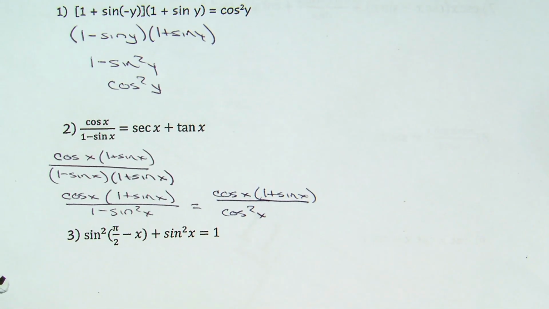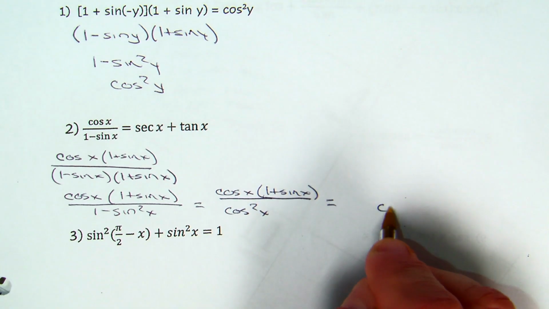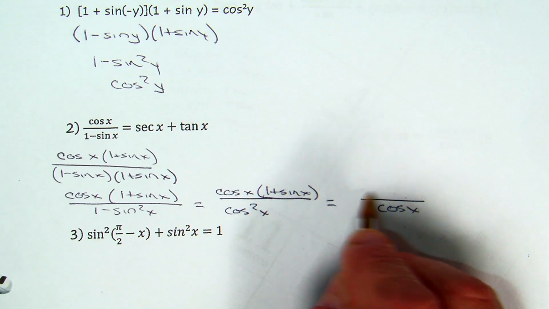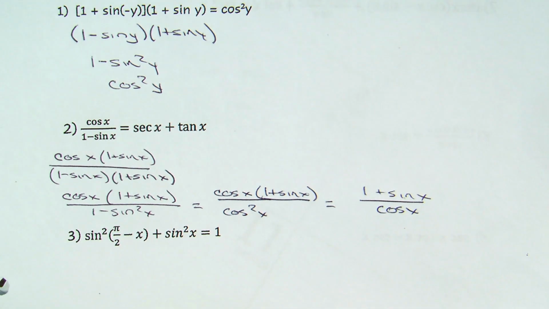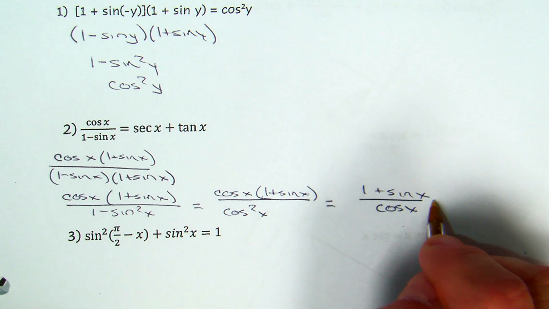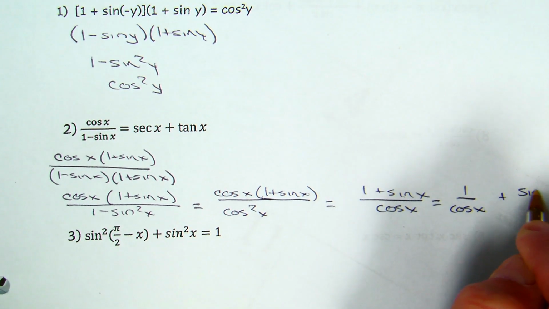Everybody good so far? So the cosine over cosine squared is going to leave me with cosine x in the denominator over 1 plus sine x. Is my denominator now monomial? Yes, so can I break it down into the two parts? Yes, so it becomes 1 over cosine x plus sine x over cosine x.